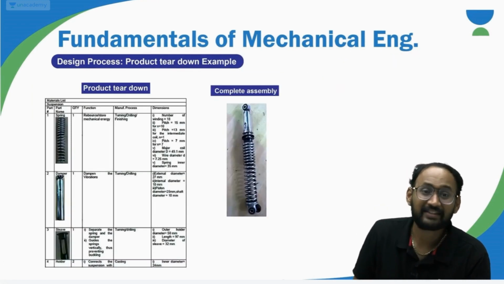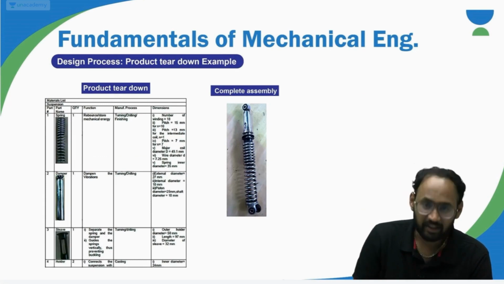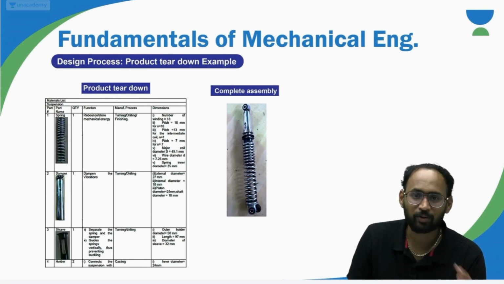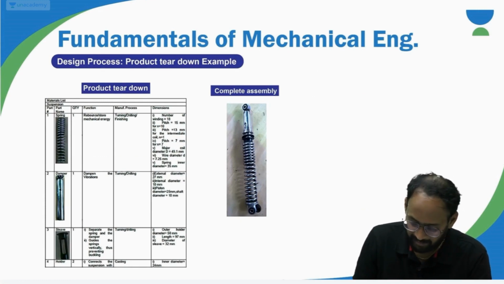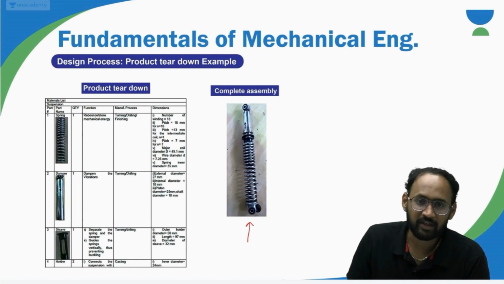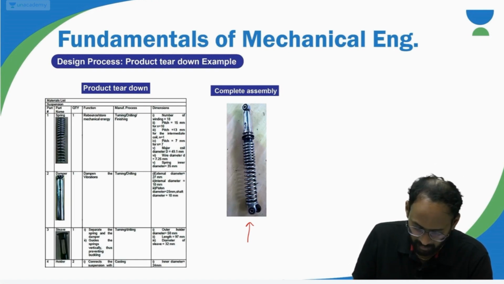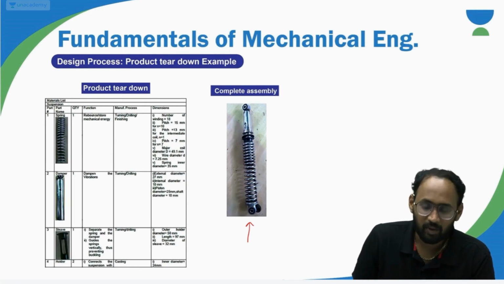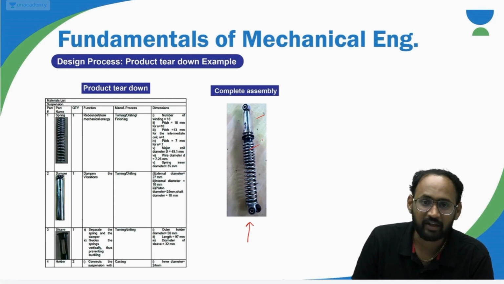Let's take an example of product tear down. Certainly the text is pretty small, but the intention is not to get into the details of the text. Say for example, we take an automotive suspension or a bike suspension, for that matter. This is the complete assembly we have. The product tear down of this would be the various components available inside the assembly.